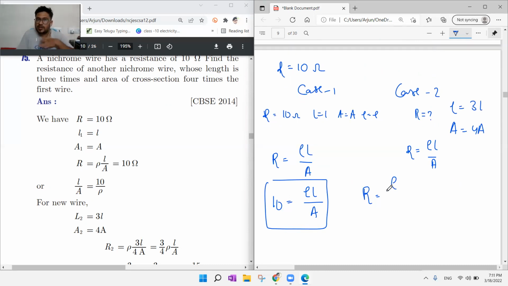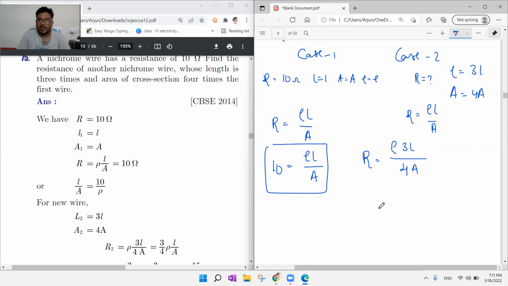So L value is 3L upon A value is 4A. This can be written as R is equal to, you can take this 3 separate in numerator, 4 separate in denominator. It becomes 3 by 4 rho L by A. We know rho L by A value is 10, right?